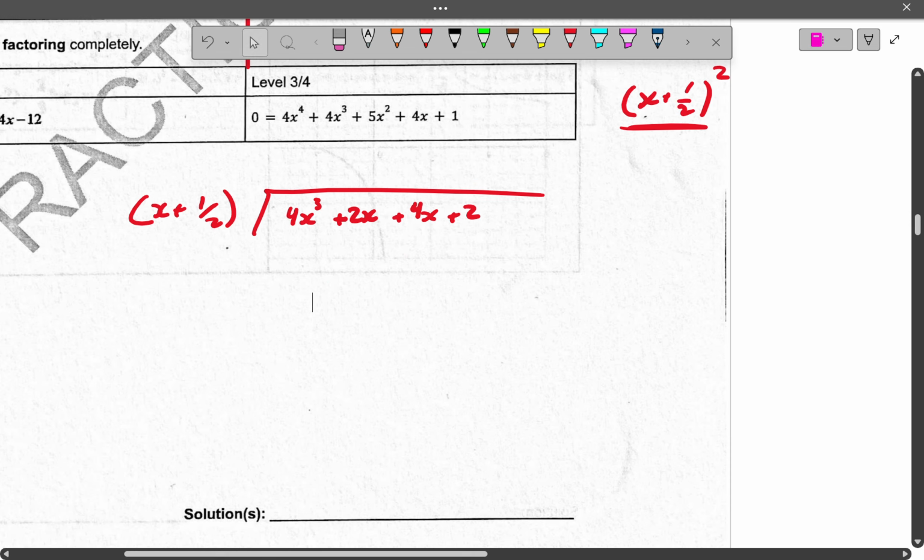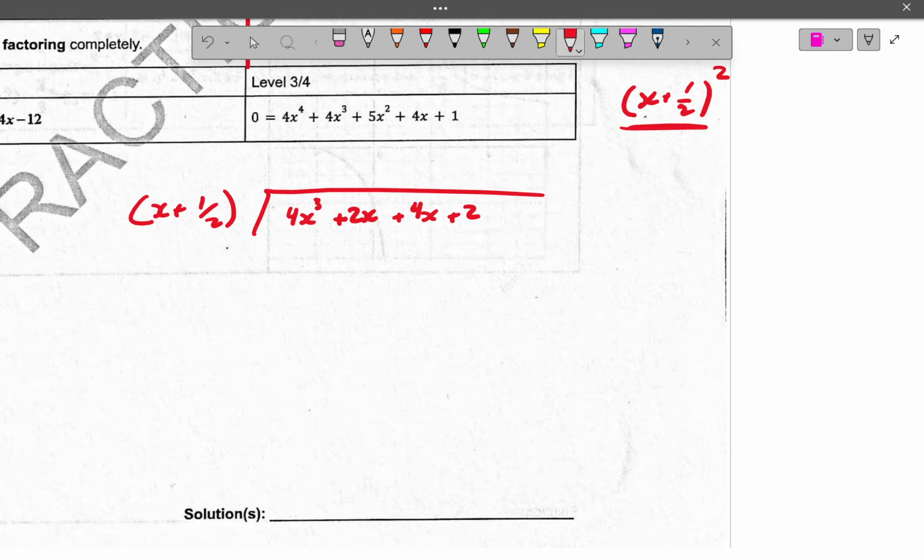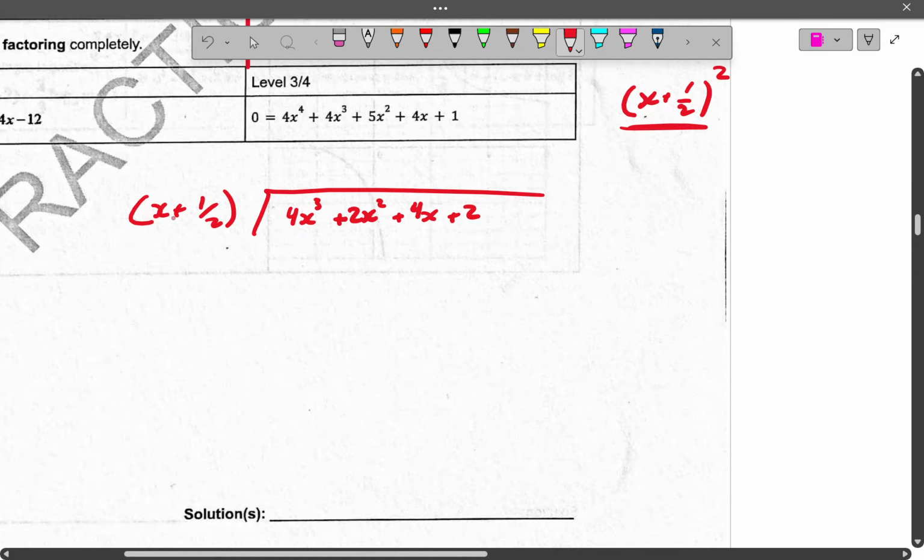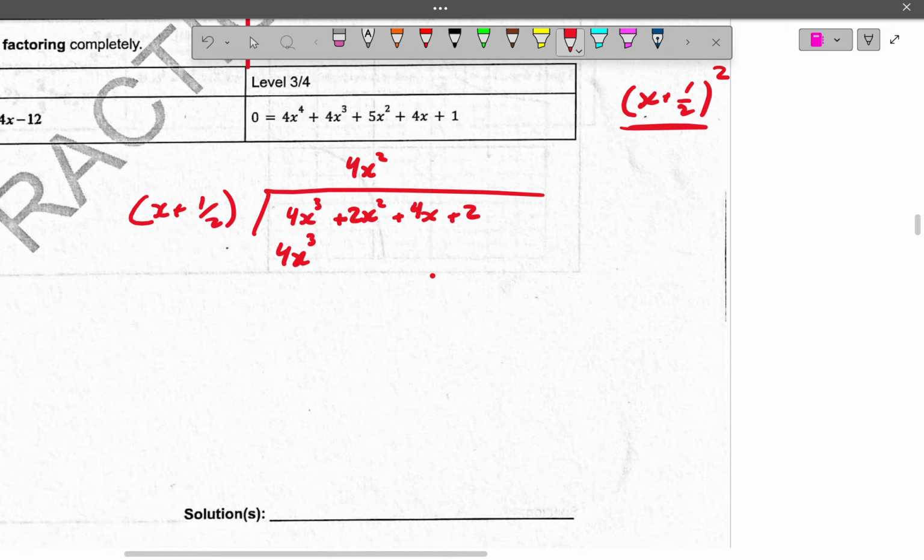I'm missing a square here. Okay, so same steps. You need to have here 4x squared, which can be 4x cubed, and then 4 times a half will be plus 2x squared. And then subtract, it's going to be 0, 0. I get 4x.